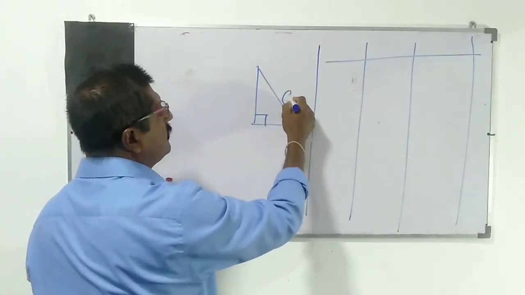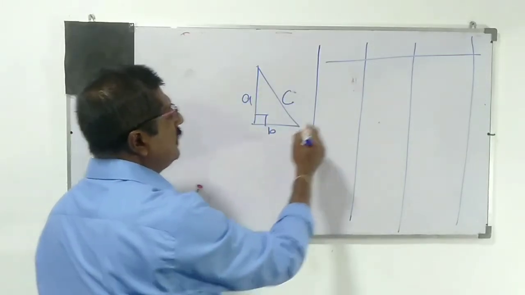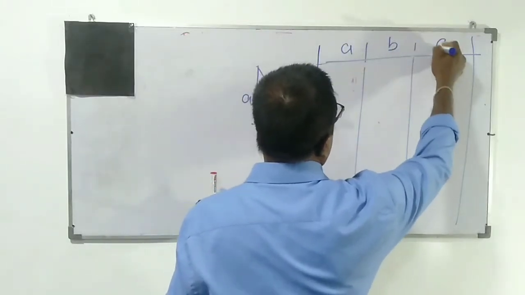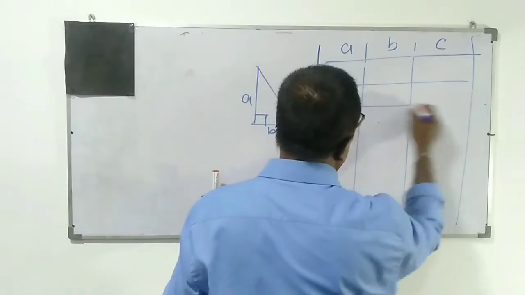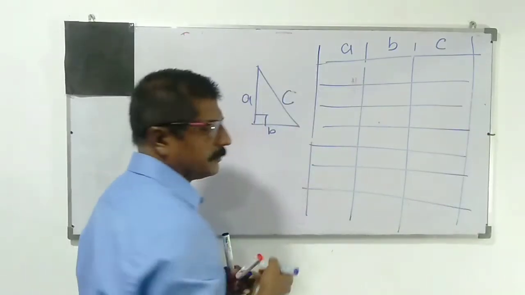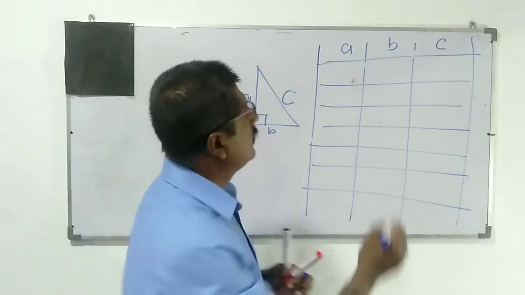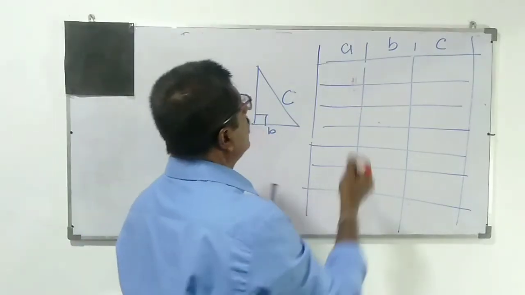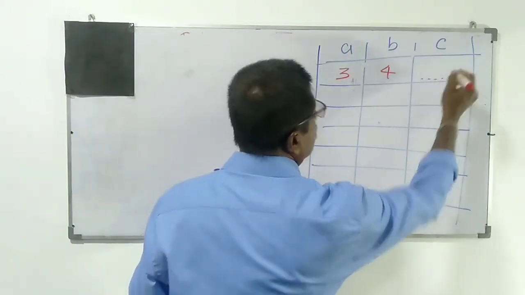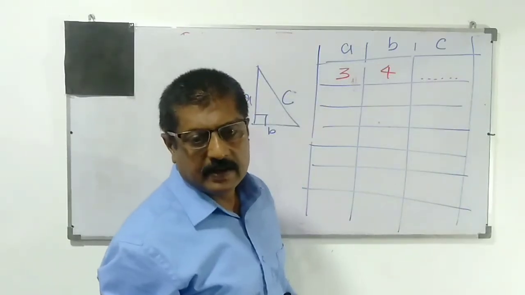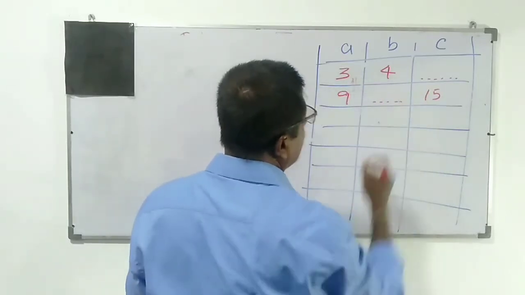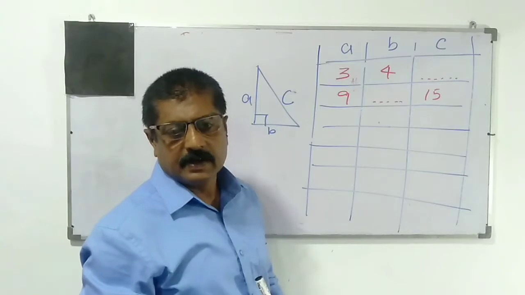The hypotenuse is C. The other two sides are A and B. Length of A, length of B, length of C. 3, 4. Find this one. The other one, 9, 15. Find this one. Now I will give you the answers.